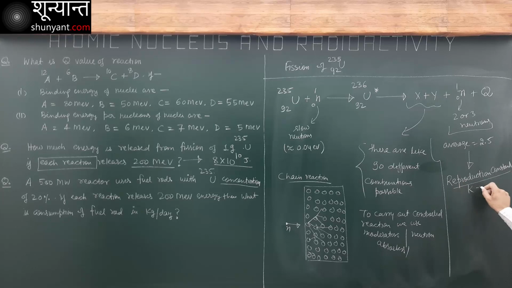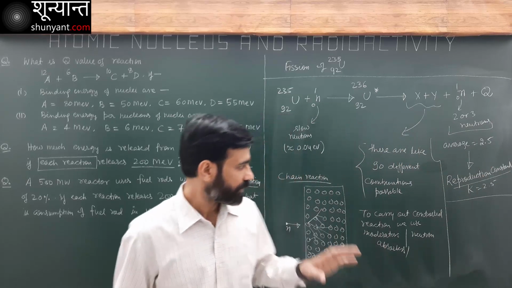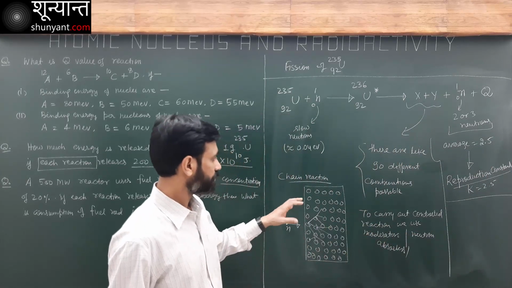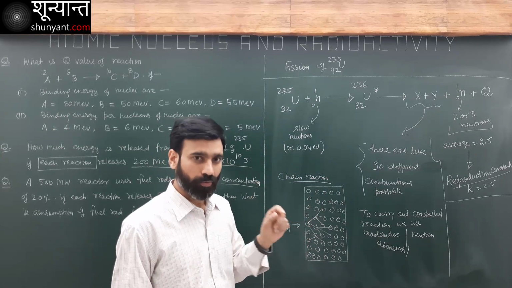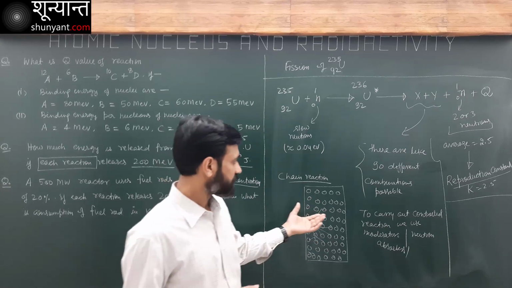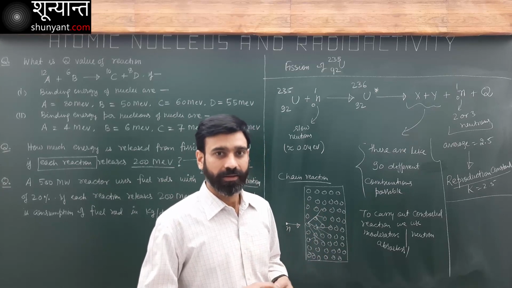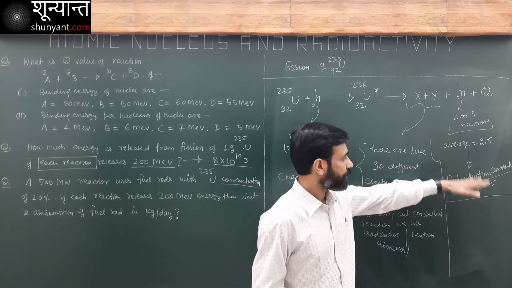If K is 2.5, and I do not use these moderators or neutron absorbers, it is going to be uncontrolled. Now if I want to use this reaction for generating electricity in a controlled manner, I have to bring down this reproduction constant.